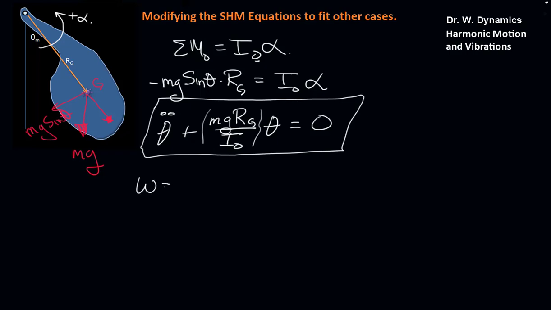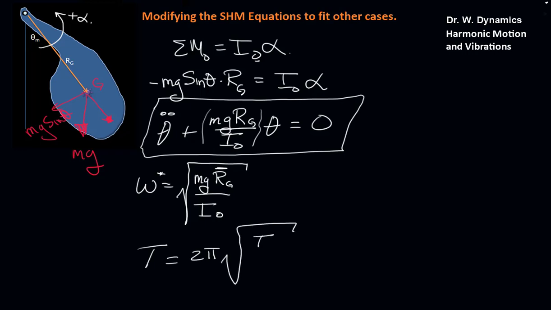So omega will be the square root of m g r_G, the distance to the centroid, divided by I about the pivot point of the system. And that'll give us the omega for any irregular object, and the period then would be 2 pi times the square root of I_O over m g r_G. So there's a general form that we could use for any shape that's suspended.